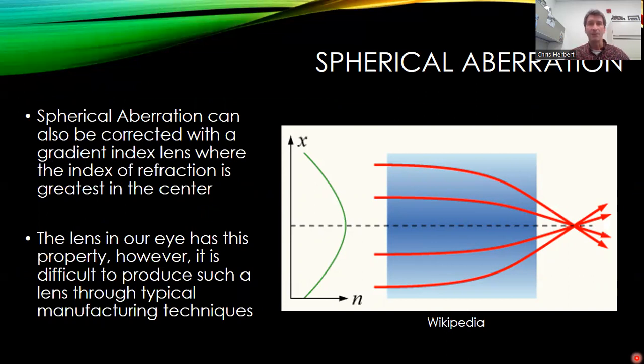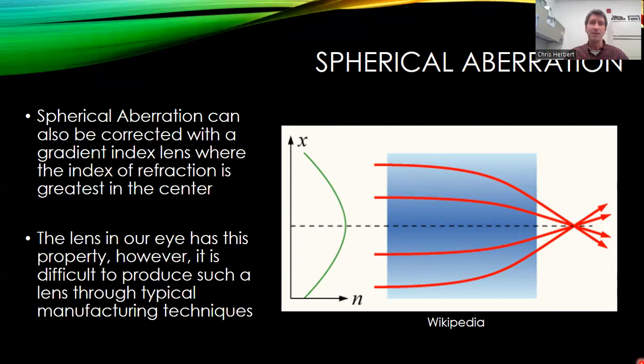And if we had what's called a gradient index lens, meaning that your index is highest at the center and less at the edges, you would delay the wave front most at the center, allow the outer edges to catch up with it. And again, if you have the profile just right, you can get a fairly sharp focus. And again, that's something that nature has been able to do that we don't have as easy of a time doing.